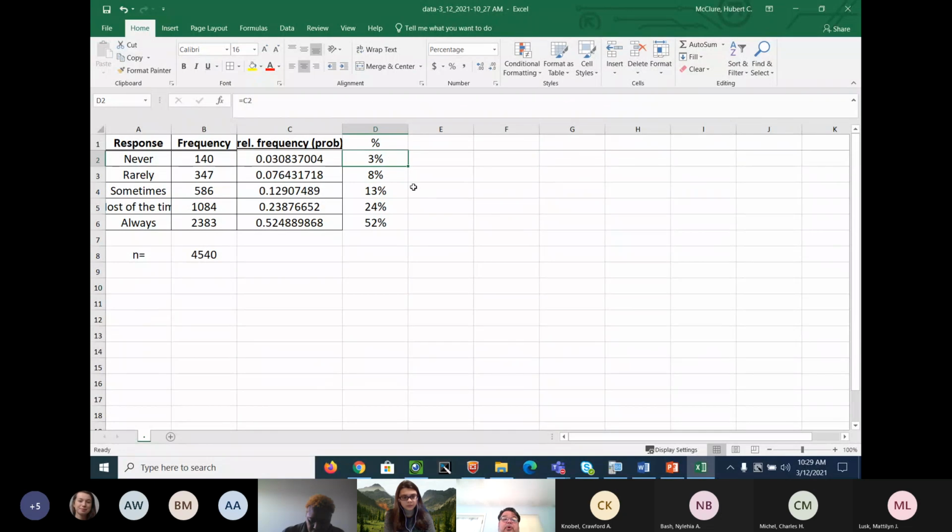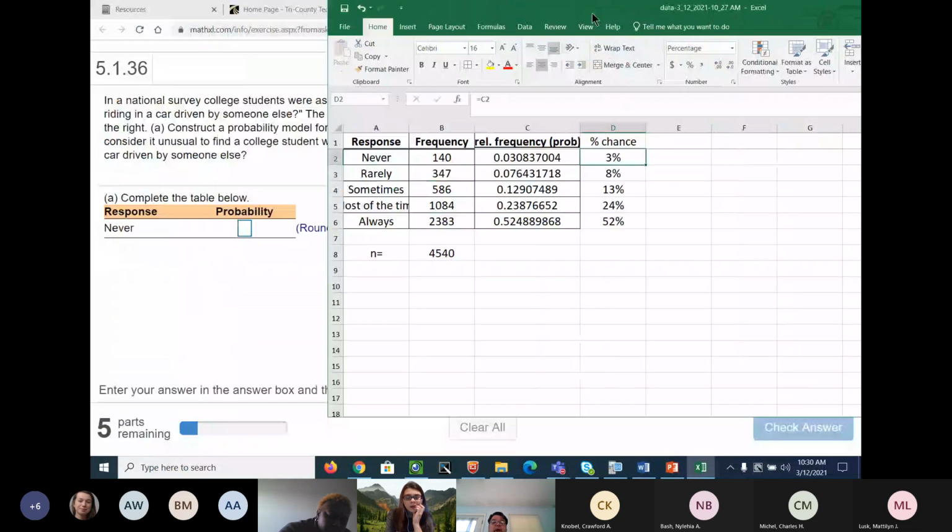All right, so you've got a 3% chance, 8% chance, a 13% chance, a 24% chance, and a 52% chance. Remember, percentage stands for what? Chance. Probability is a decimal. Now, what did it say it wanted to round to? Round to the thousandth.